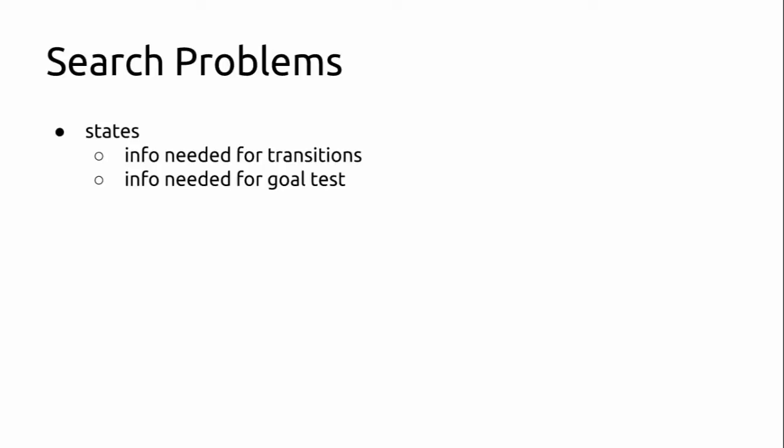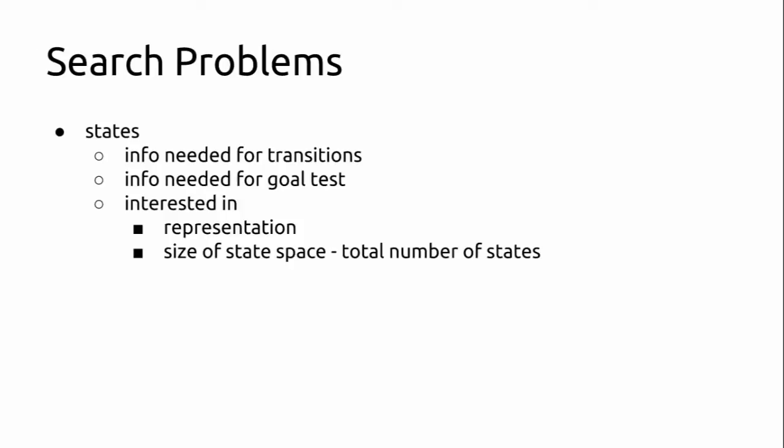Okay, and usually when we ask you about states, some of the things that we're interested in are the representation of the state and the size of the state space, which in other words is the total number of states.